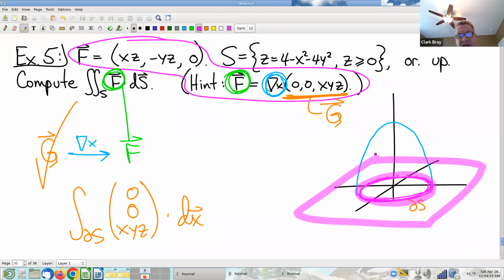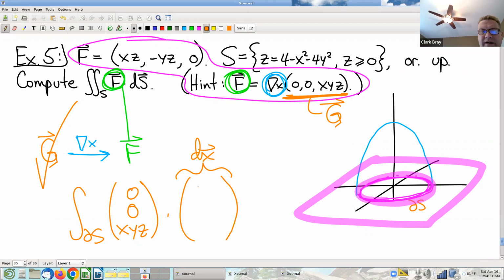And that actually tells you a couple of really great things. For one thing, with z not changing, my dx vector I can rewrite as dx, dy, and it's tempting to say dz, but z isn't changing. So dz is 0.